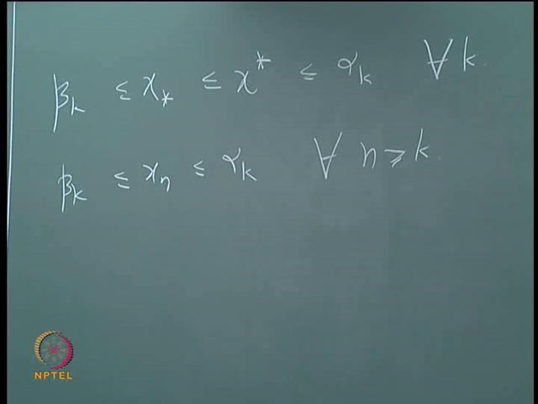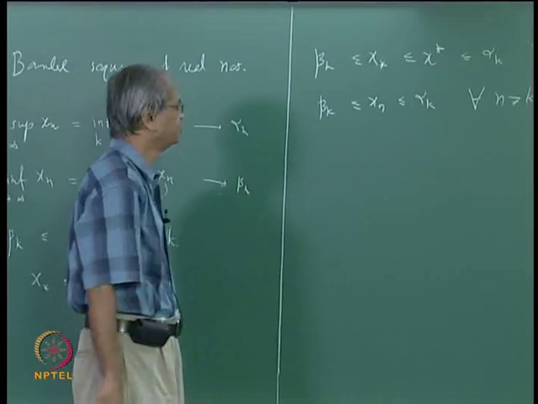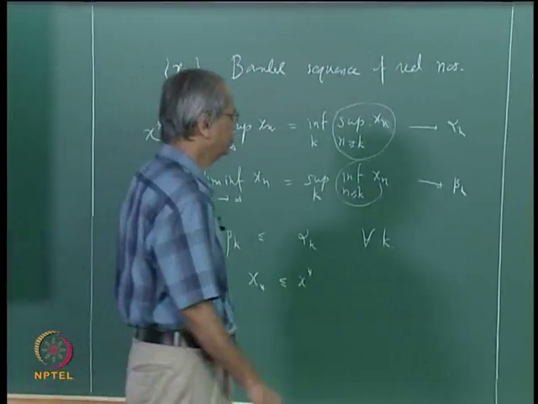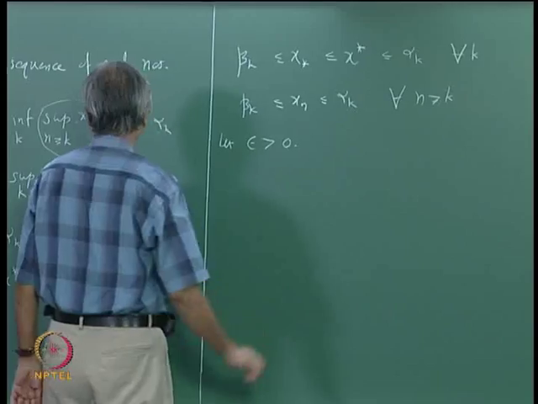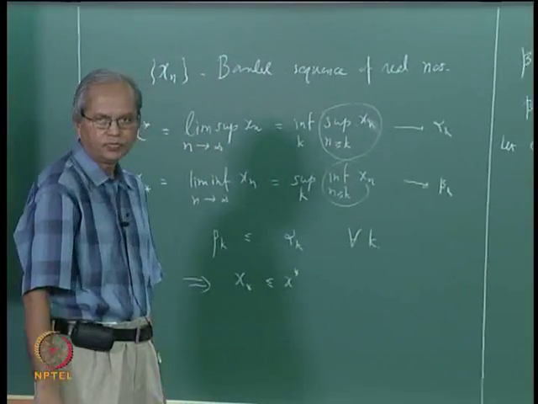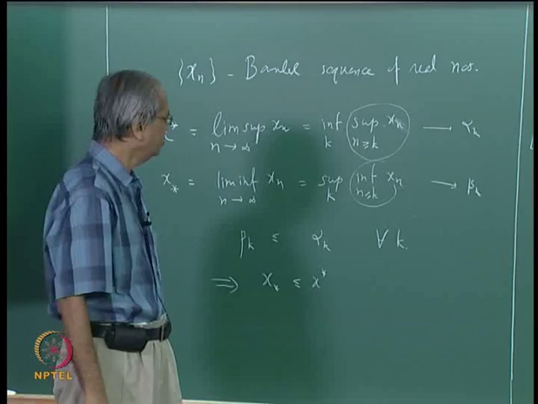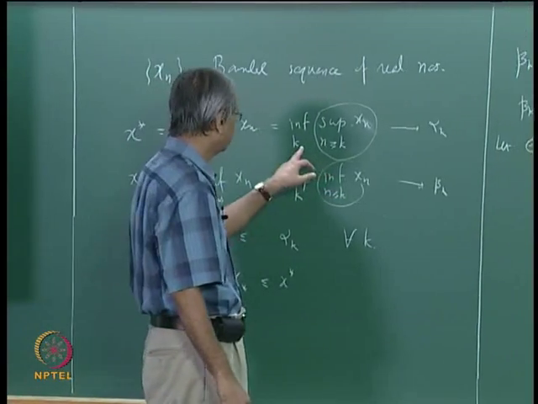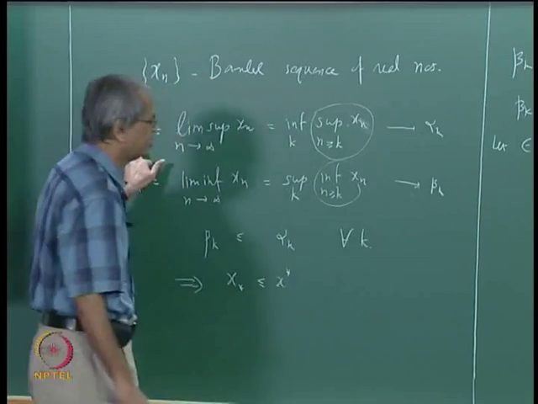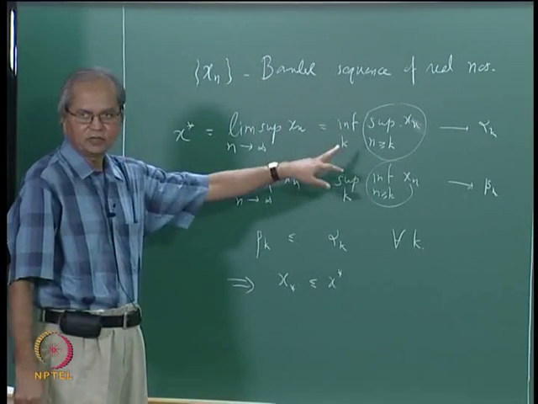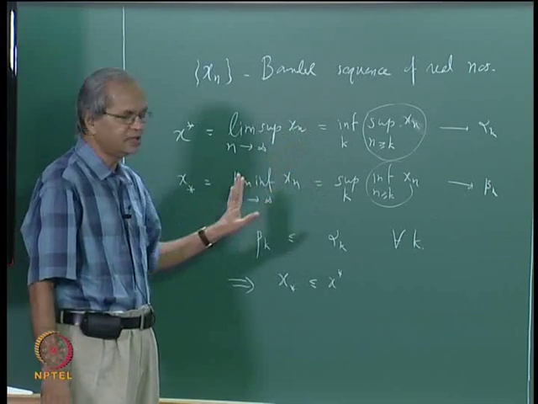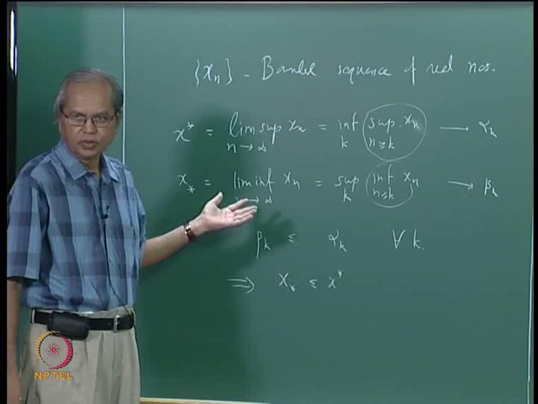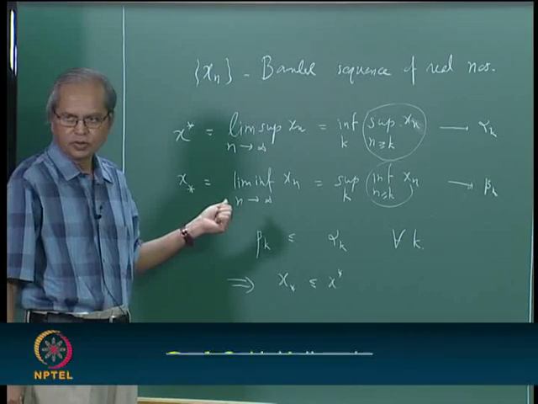Now let us see something more. Suppose we are given some epsilon bigger than 0. Since x superscript star is the infimum over all these alpha k, and the infimum is the greatest lower bound, any number bigger than it is not going to be a lower bound.